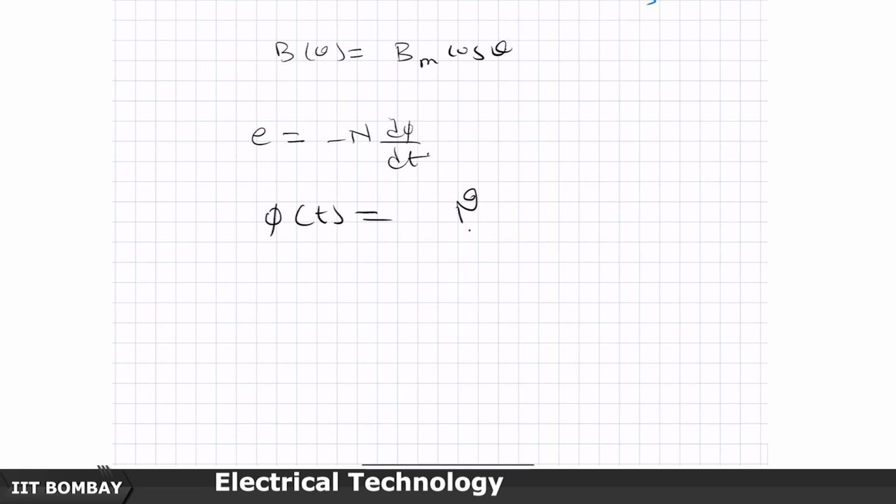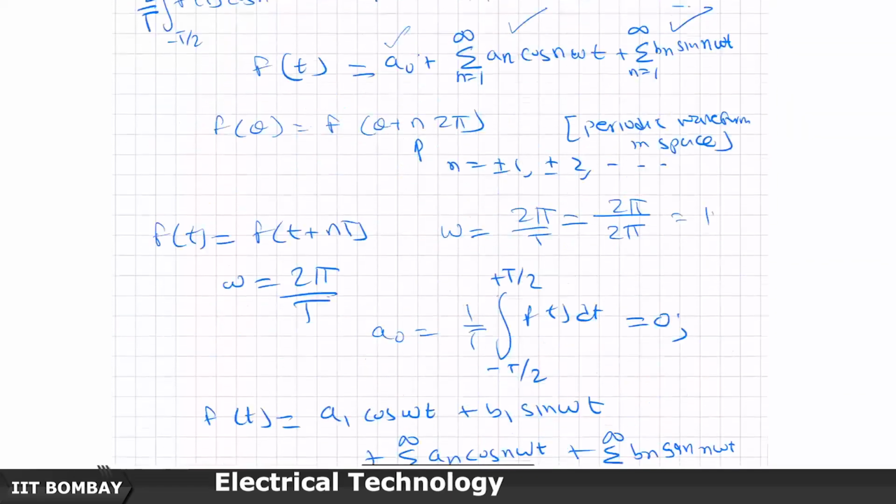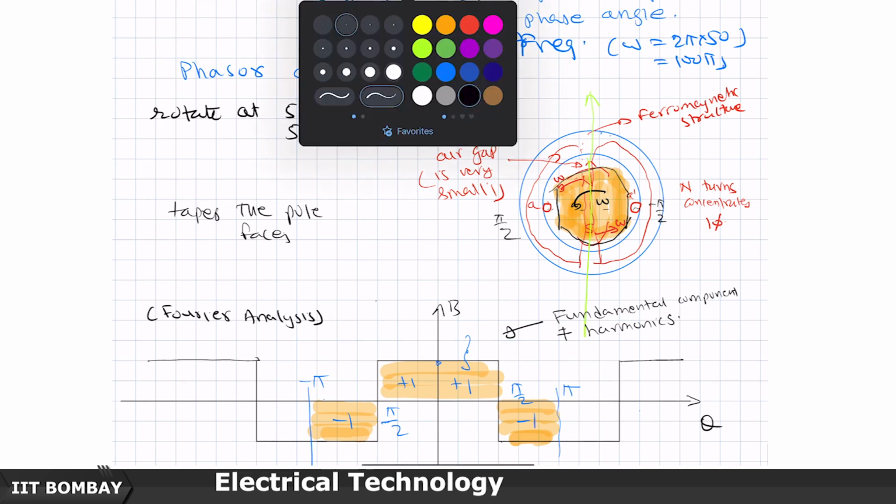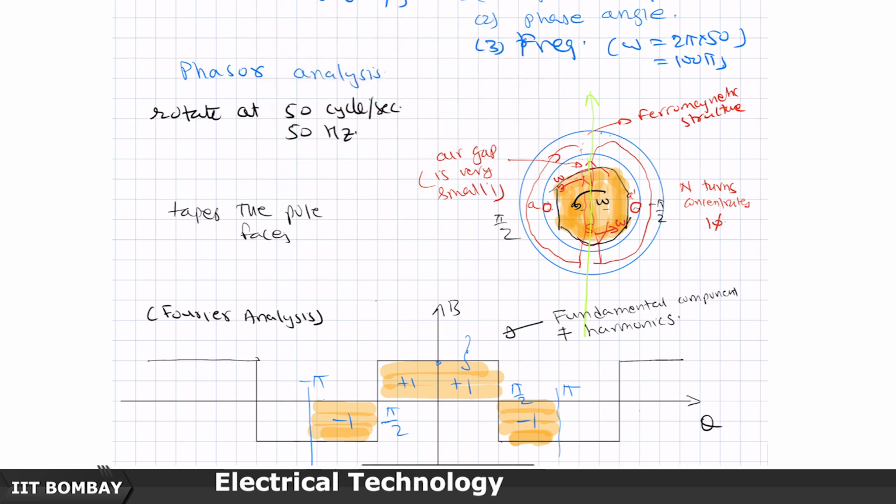And to answer this question, first of all we have to take Bm cos of theta, and then take a small strip. Assume that this radius is r, somewhere at the center line.